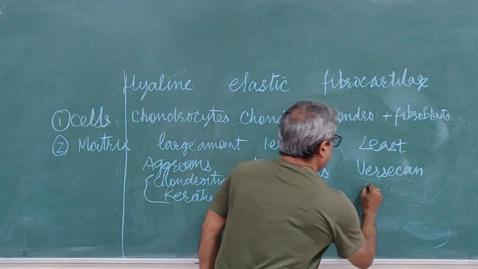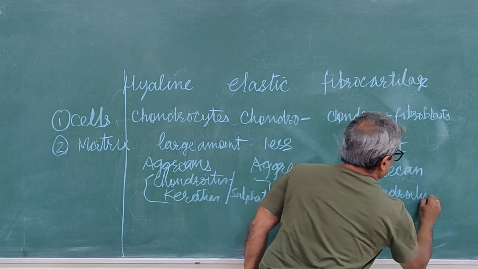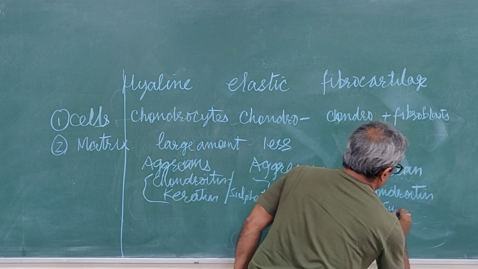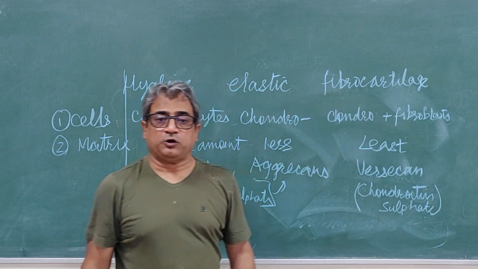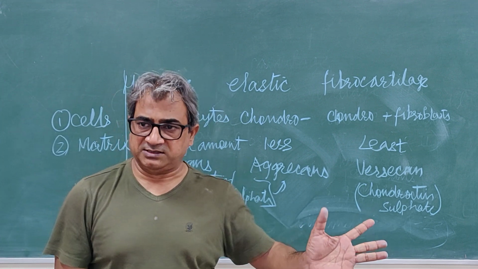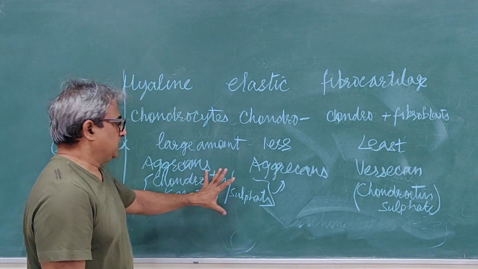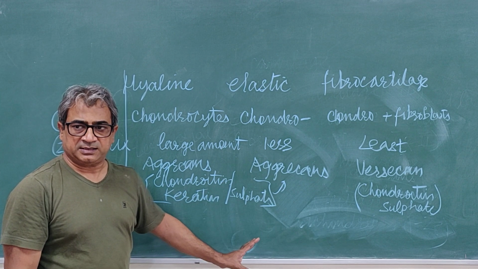Whereas versican has only chondroitin. Having only chondroitin has big implications, which can be discussed later on. So the matrix is different from each other in this particular way.